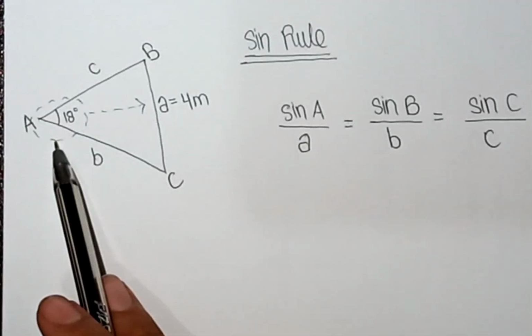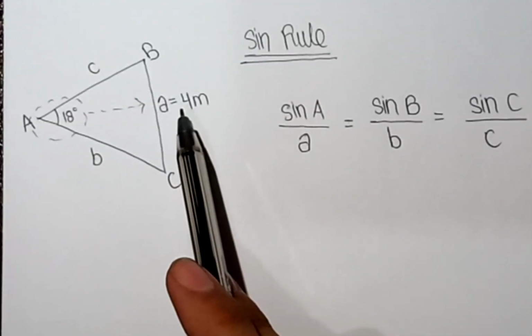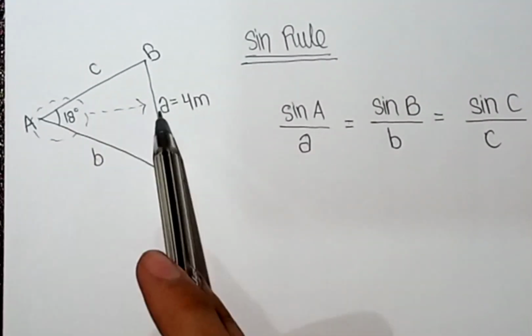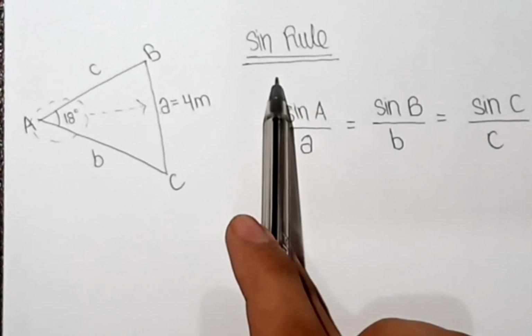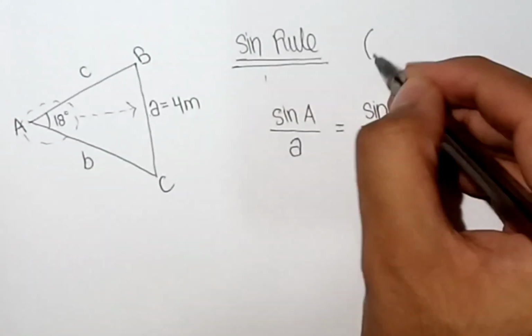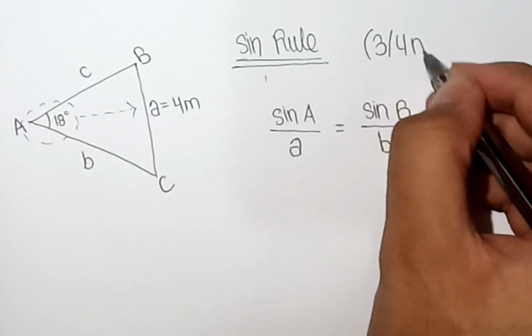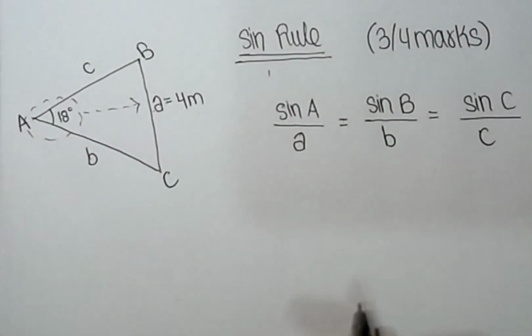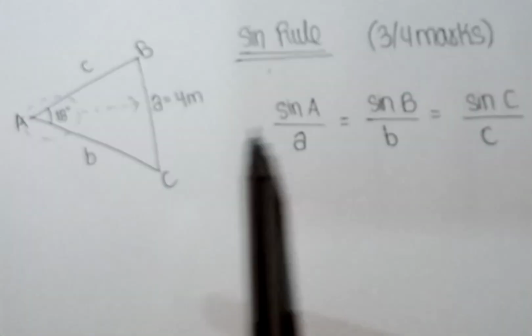When an angle is given and the side opposite to that angle is also given, then you can apply the sine rule. In CIs, it only comes for 3 to 4 marks. So you need to apply the sine rule in this case.